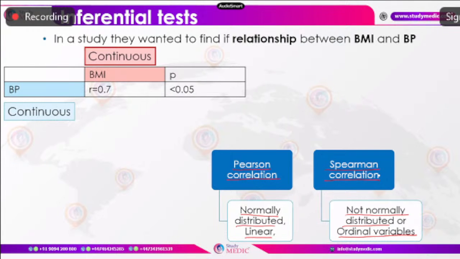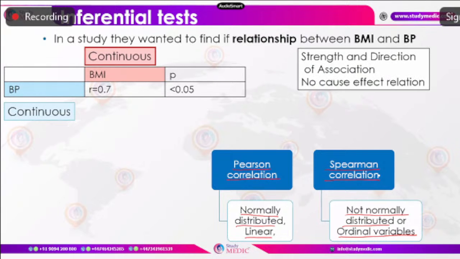Here, you can see that we get a value called the R value. Now, R value is the coefficient of correlation. It can extend from -1 to +1.